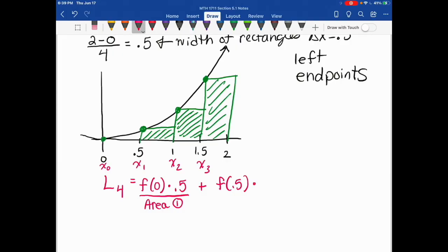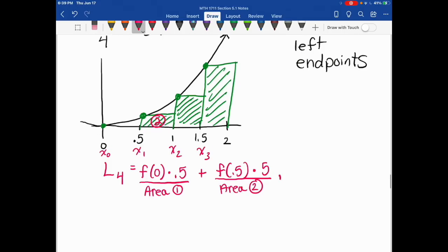So then to find the second rectangle, to find the height, I'm going to plug in f of 0.5. And I'm going to multiply by the width of the rectangle, which is 0.5. That's going to give me the area of rectangle 2. So I'll label it up here. To find the height of my next rectangle, I'm going to plug in 1.